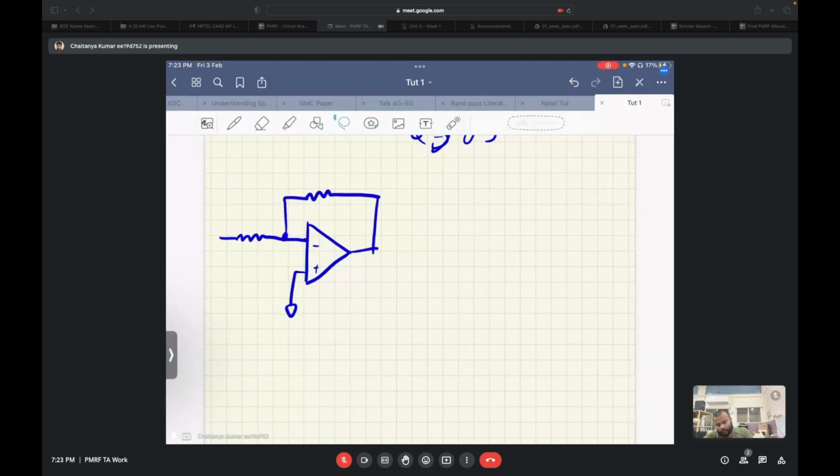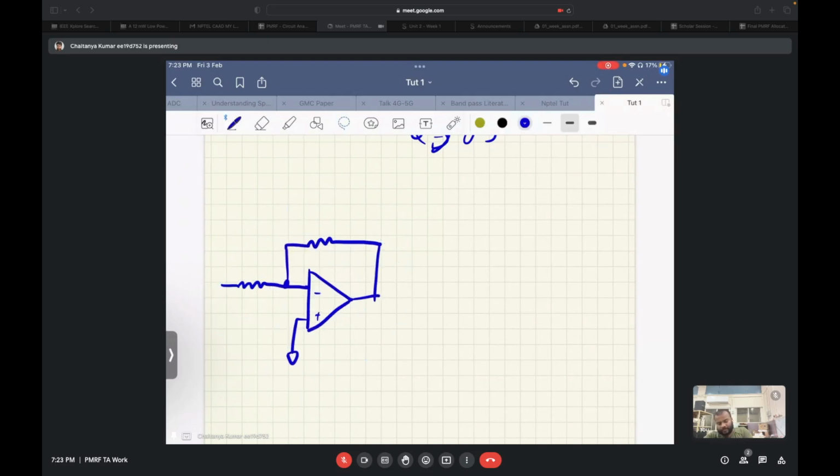We had this first order low pass filter previously. So let's have one resistor as R by K, and what we want is a positive feedback.